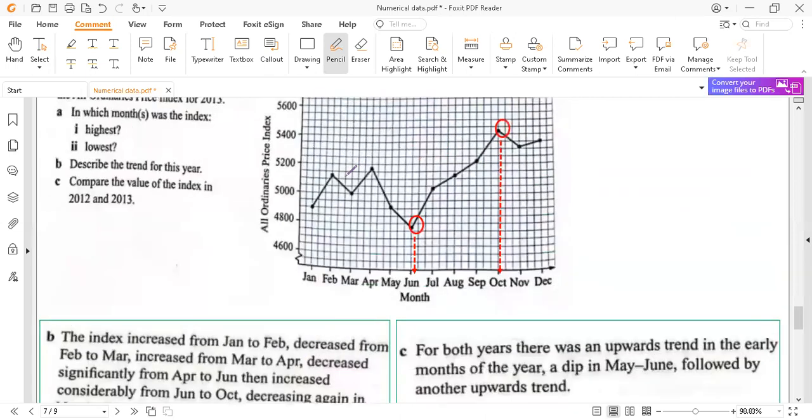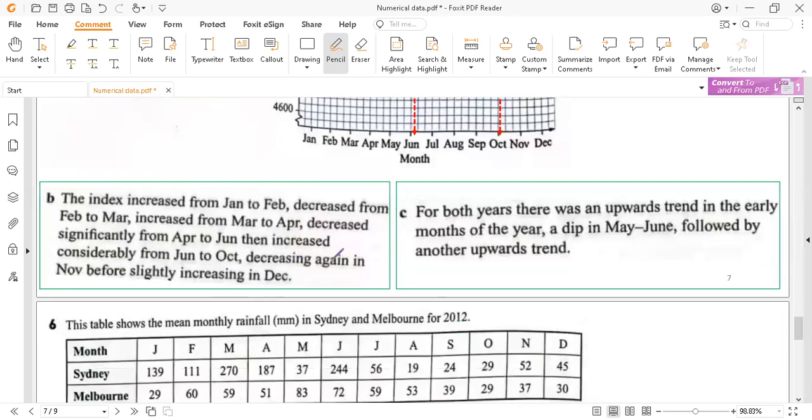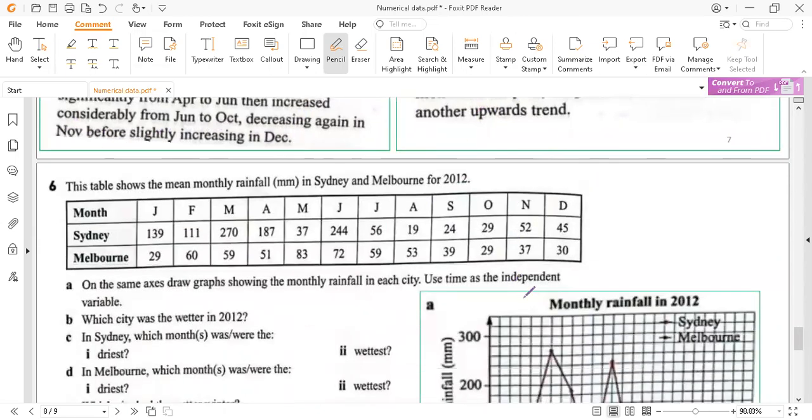About the trend, it went upward, downward, upward, downward until it reached its lowest price, then increased steadily to the highest price, then decreased again in November before slightly increasing in December.